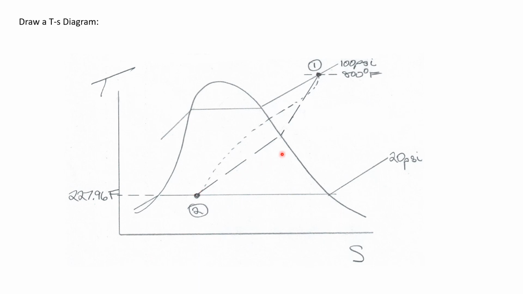Now, because there's a phase change, we could probably draw that line representing an unknown path a little better. It would have a certain path from its superheat phase until it became a saturated vapor, and then it would probably have a slightly different path from once it starts condensing until it reaches state 2. But still, I've also shown that as a dotted line because we don't know the real path that the process followed.